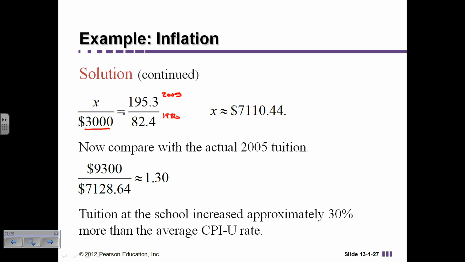So we're going to multiply 3,000 times 195.3 and we're going to divide it by 82.4, and we end up with 7,110.44. So if the inflation had been consistent, this is what we would expect tuition to be in 2005. So now the actual tuition is $9,300.